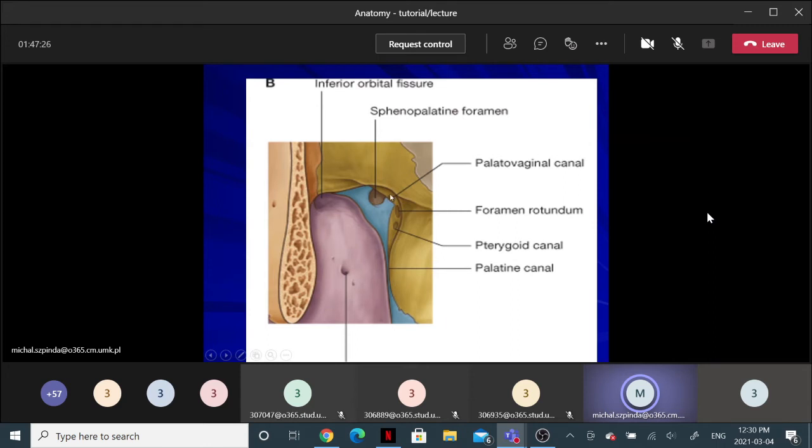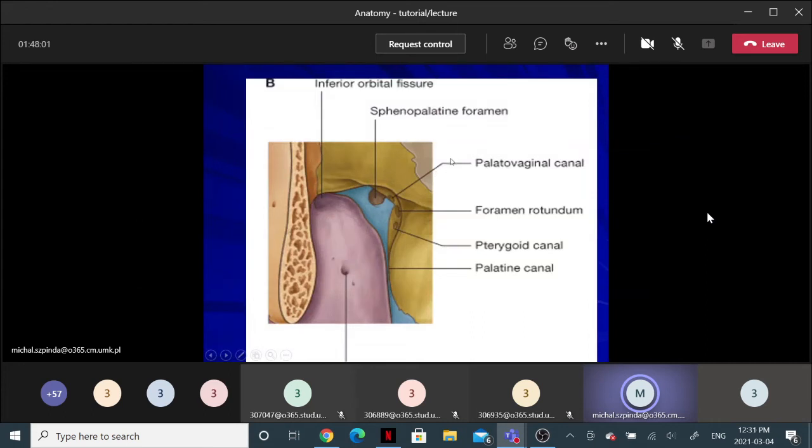The highest is the palatovaginal canal, which is a small canal that in front opens on the posterior wall of the pterygopalatine fossa and posteriorly ends in the nasal cavity, its distal part, close to the nasal part of pharynx.